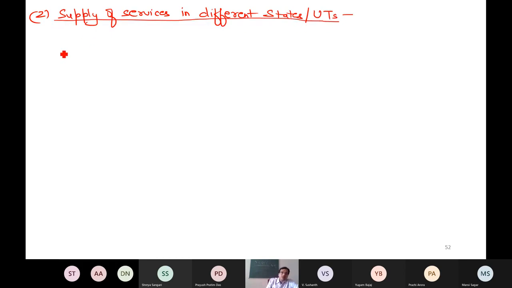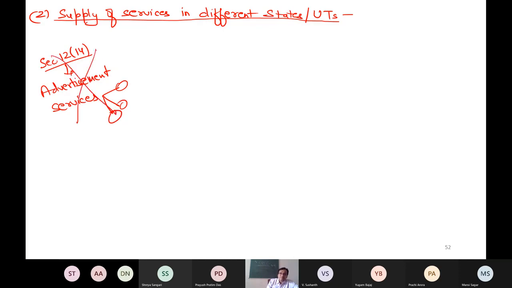If you remember, I have already discussed this in section 12 subsection 14, where I was discussing advertisement services supplied to the government. And suppose government takes these services for 3 different states, then you have to divide these proportionately. Same concept is applicable here.